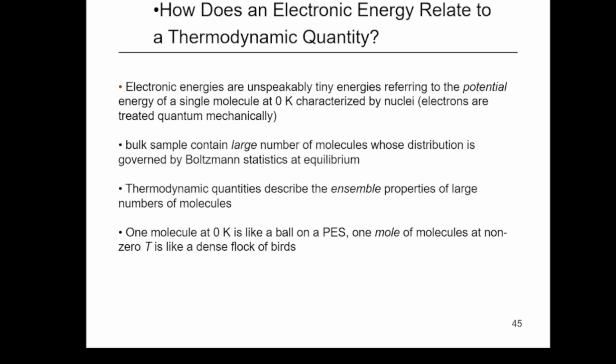As I mentioned here, electronic energies are very small. Once we have some calculations, I will show you that even for a small molecule like a noble gas, like helium, if you calculate its electronic energy, it turns out to be somewhere around 2 atomic units, and 1 atomic unit is about 627 kilocalories per mole.